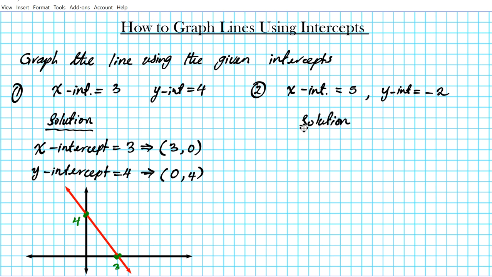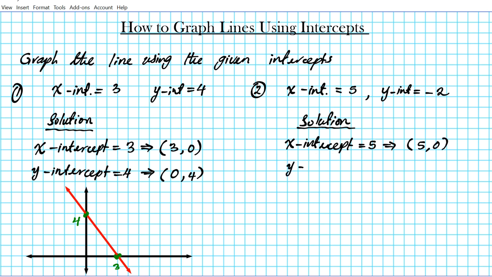Now we're going to use the definition of what intercepts are to write down the coordinate representation of the information we have here. So the x-intercept means what? X-intercept equals 5 means the line cuts the graph at 5 on the x-axis. So we know that it goes through what point? It goes through the point (5, 0).